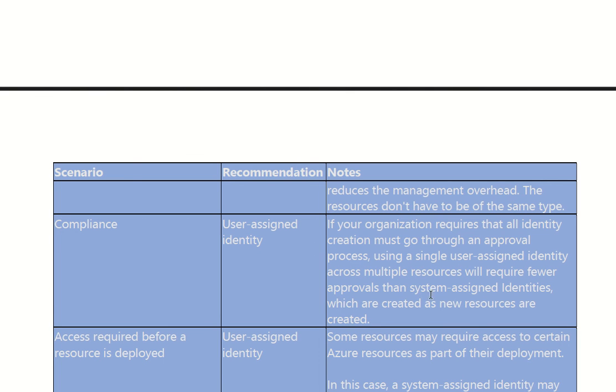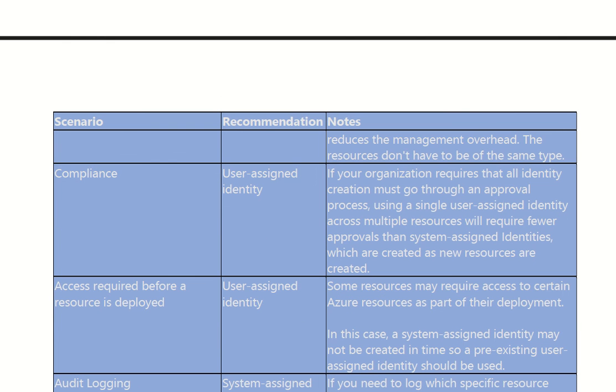But with system assigned managed identities, which are tightly coupled with the resources, if there are 100 resources you need to go through 100 approval processes in order to activate them. So this is the compliance scenario where, again, user assigned identity shines.